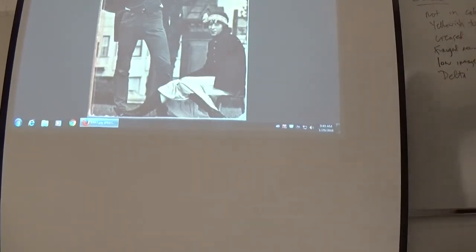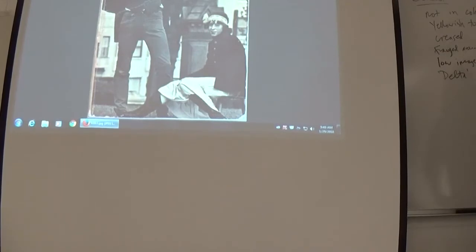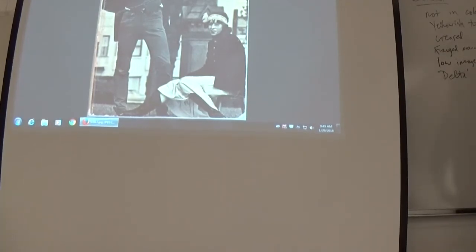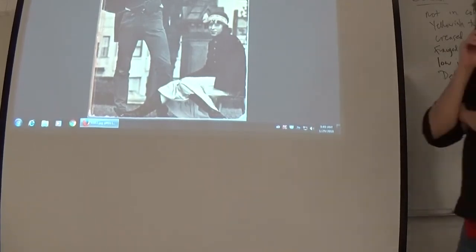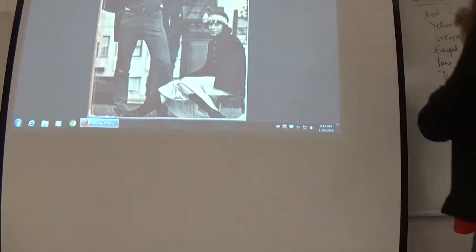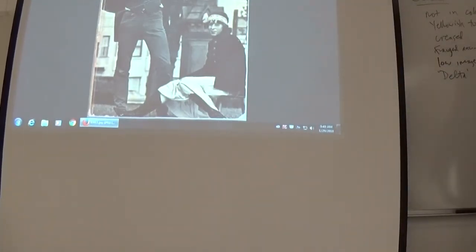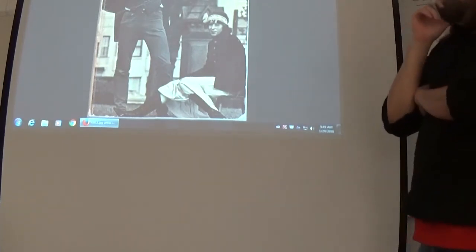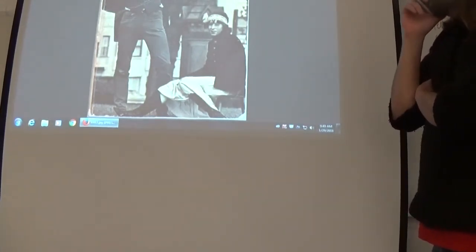Okay, what about the background? What do you see in the background? It's like a statue of Benjamin Franklin. Yes, that is a statue of Ben Franklin. That isn't incorrect. I'd say the old buildings behind them. Okay, yeah.